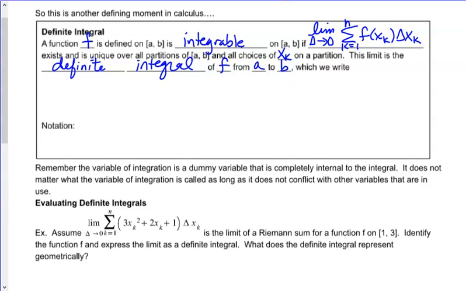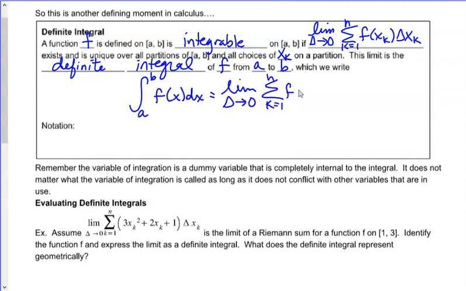The way we write that is we bring back the integral symbol from section 4.9: the integral from a to b of f of x dx is equal to the limit as my partitions go to 0 of the sum of k equaling 1 to n of f of x sub k times delta x sub k.